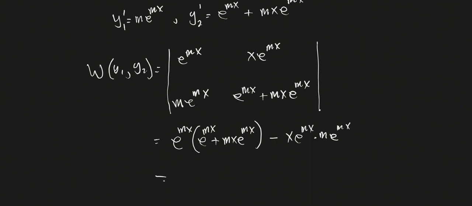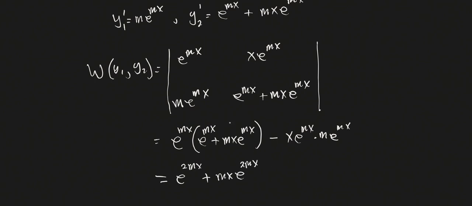Okay, so what do we have here? So let's distribute this e. When I multiply these e's, I have to add the exponents, but that gives me e to the 2mx because I have to add them. And then same thing here. When I multiply the e to the mx times the mx e to the mx, I'll have mx and then e to the 2mx.